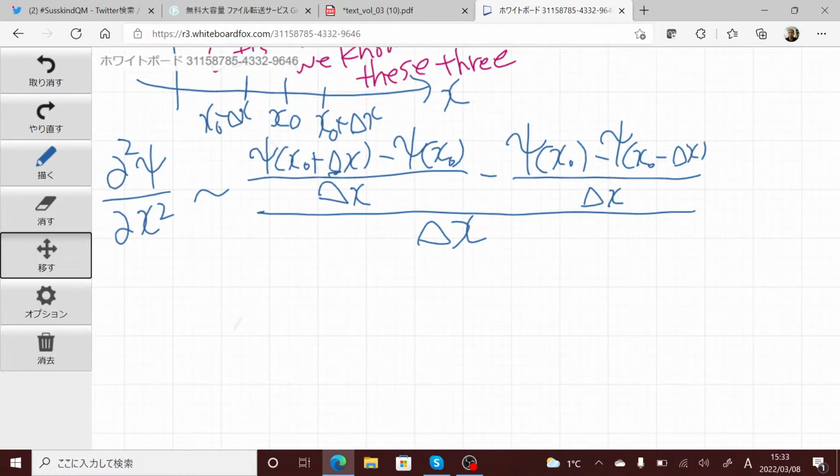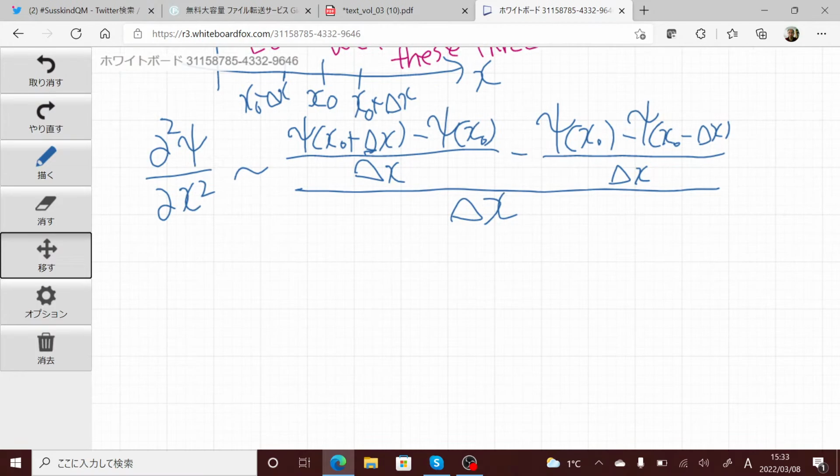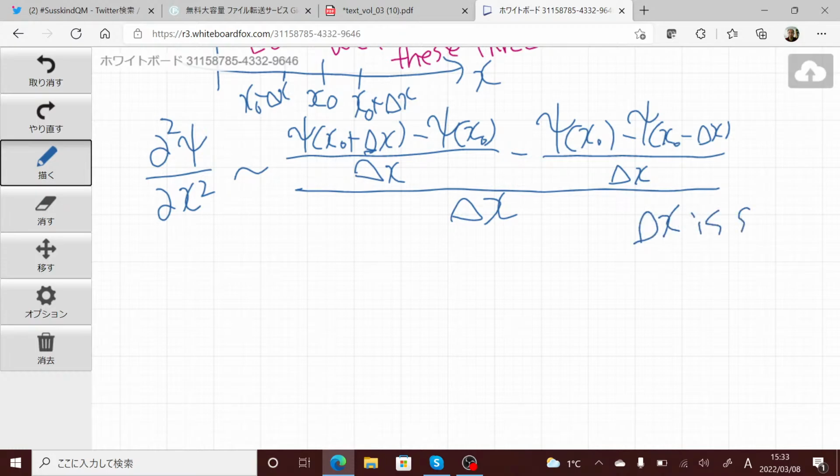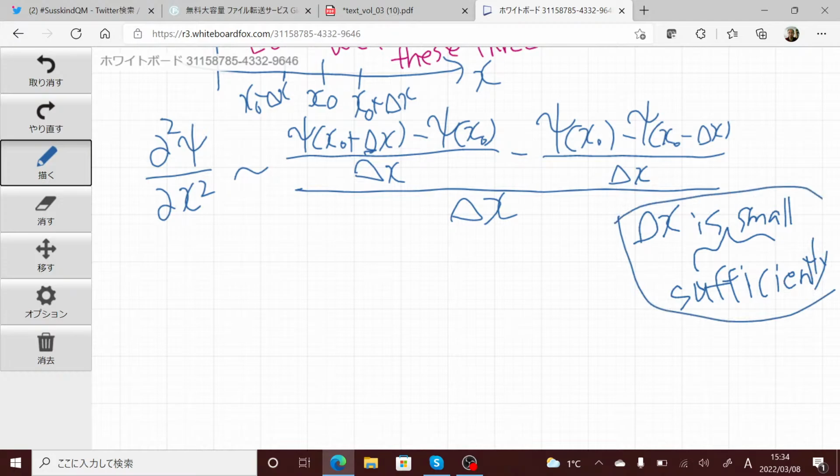This is more like the second derivative, and it can be written like this if delta x is sufficiently small. We usually use the word sufficiently. Delta x is sufficiently small.